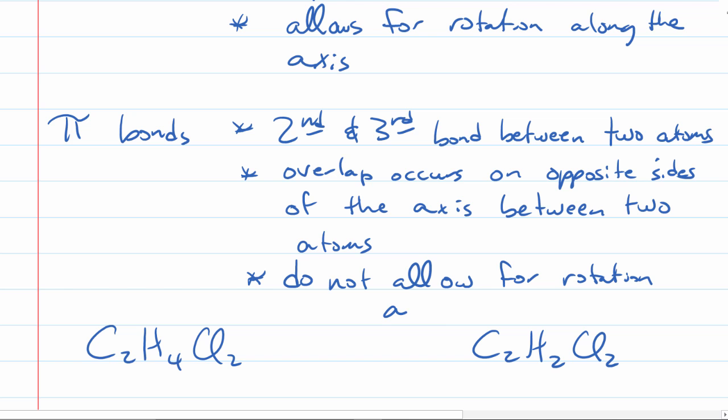So whenever you have sigma bonds present, rotation is allowed. Whenever you have pi bonds present, that is, when you have double bonds or triple bonds, they are not going to rotate. They are going to be held in fixed positions because of the overlap that occurs on opposite sides of the axis. So that wraps us up for material.